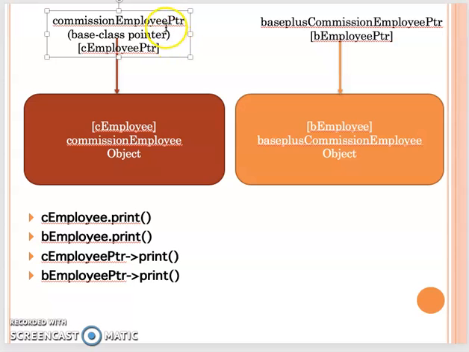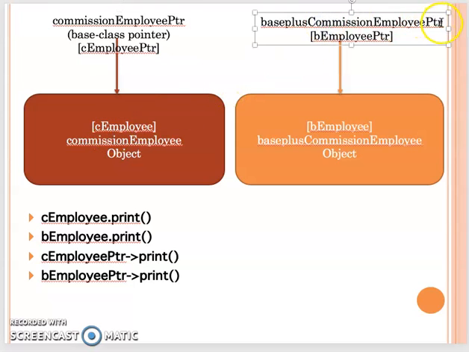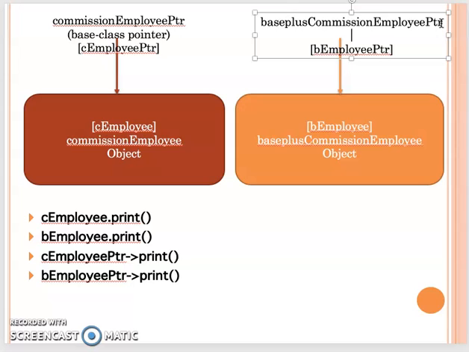After I create a base class pointer, can I use this pointer to refer to a base class object? Of course, they are the same type, right? Good. Then we create a base plus commission employee pointer. This one is a derived class pointer. On the other hand, can I use this pointer to refer to a derived class object, the base plus commission employee object? We can, right?